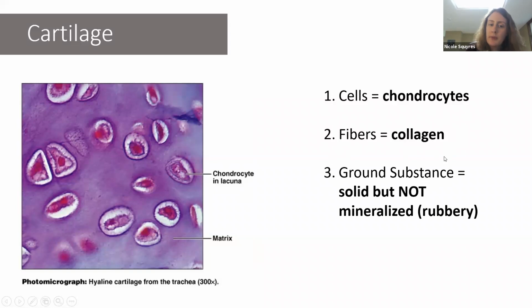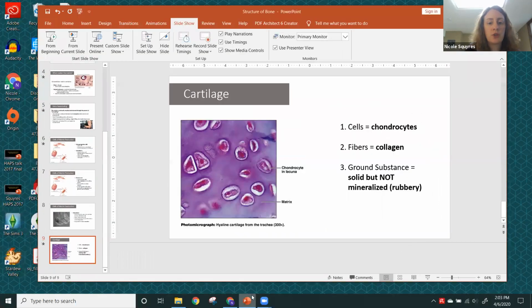We don't need to worry about the exact components of ground substance for cartilage, but simply know that it's solid, but it's not mineralized. So it has a kind of rubbery texture rather than a hard, brittle texture. So this makes it quite a different texture from bone. All right, and so that is it for the structure of bone.